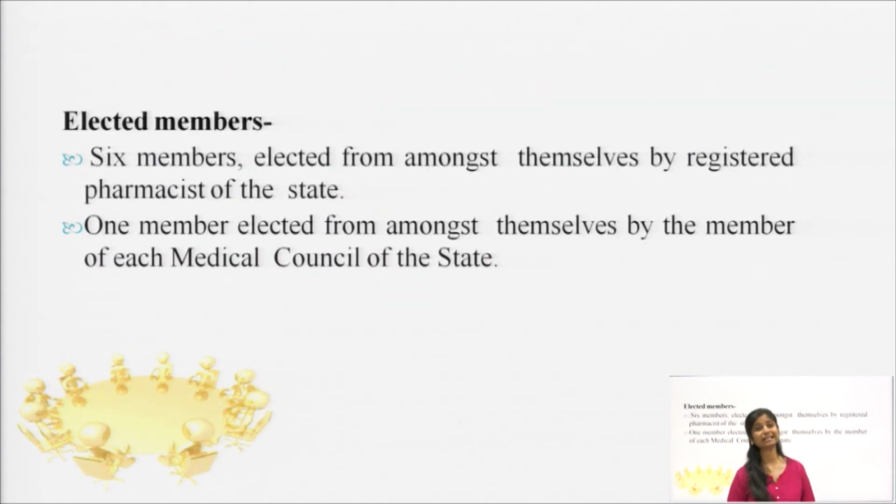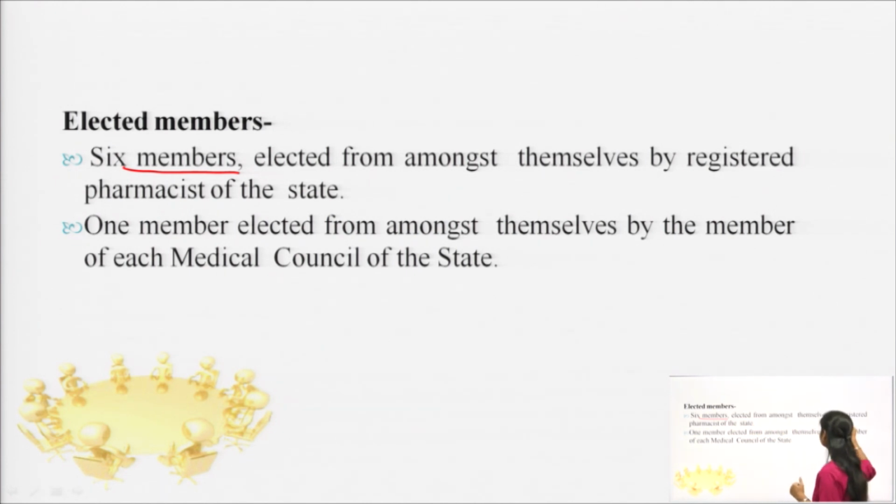If we talk about elected members, again if we compare it with the central government, there were also 6 members and here also 6 members, elected from amongst themselves by registered pharmacists of the state.